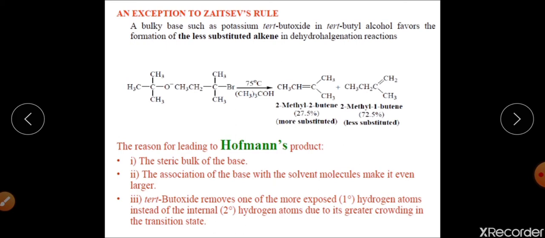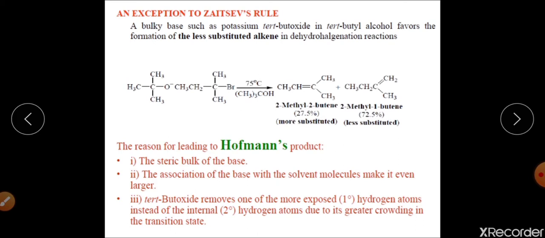For example, we have NR3 positive, we have fluorine, we have SR2 positive. NR3 positive is a leaving group which is poor as well as bulky. So when this kind of leaving group is present in the substrate, the Hofmann product will be the major and the Saytzeff product will be the minor product.